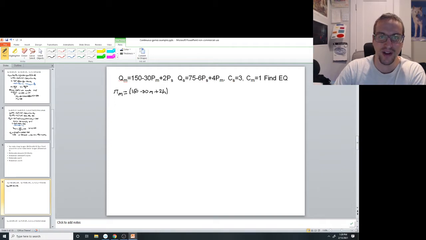Times, for McDonald's, it's m minus 1. And at the same time, we can go over here and say that for Shake Shack, it's going to be 75 minus 6h plus 4m, all quantity times h minus 3.